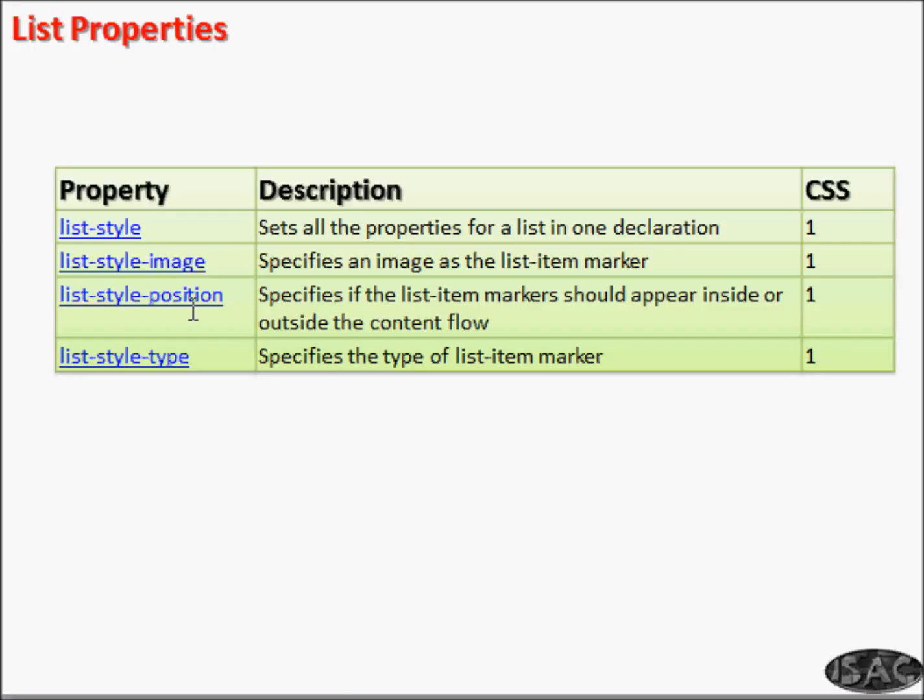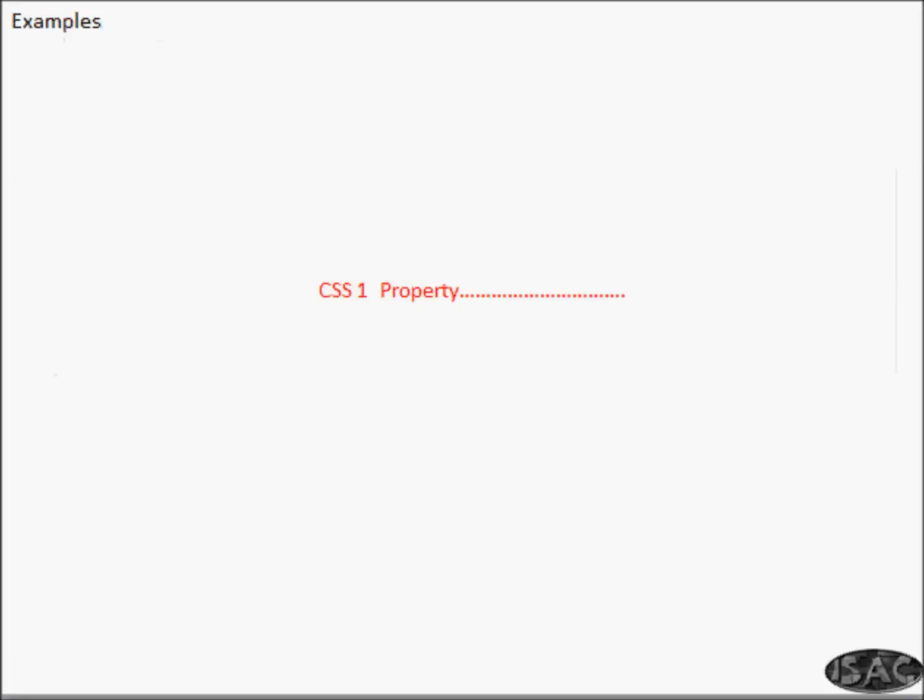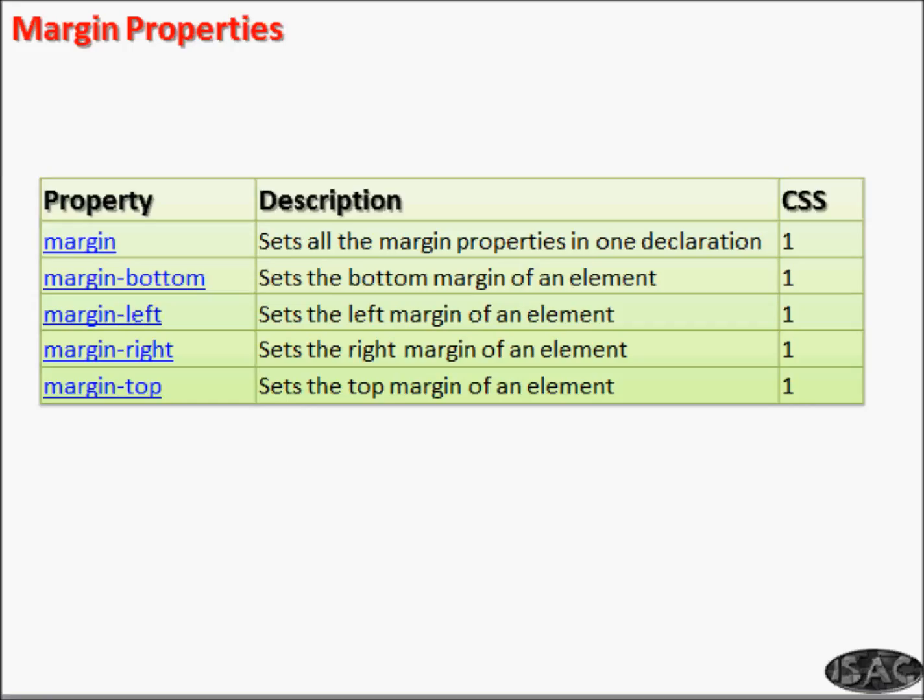In the list, we know list-style-image, we can use an image as a list marker. Like we are having circle, square, and so on. List-style-type specifies the type of list item marker. So these are old CSS1 properties, and we have seen them in CSS1 and CSS2.